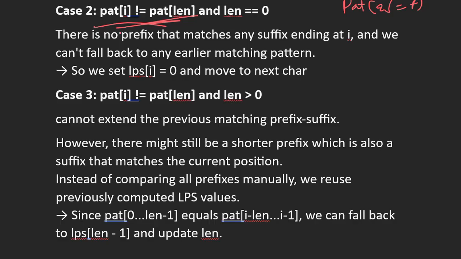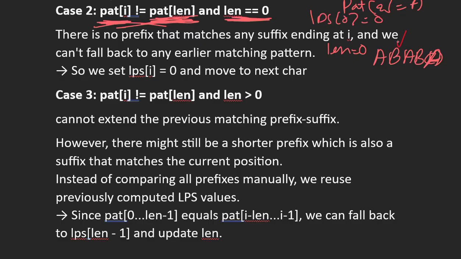In case number 2, the condition is that the character at index I in the pattern is not equal to the character at index length, and the length is equal to 0. So again take the same example, A B A B C. Initially length is equal to 0, and LPS of 0 is also 0. Then we start our loop from I equal to 1.